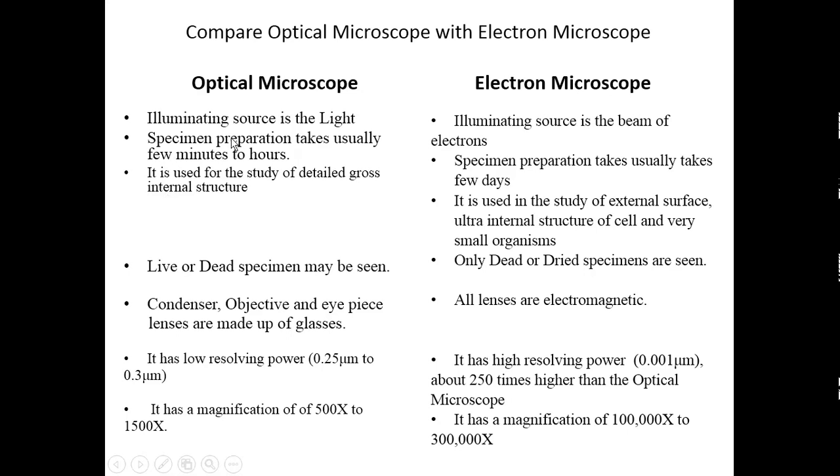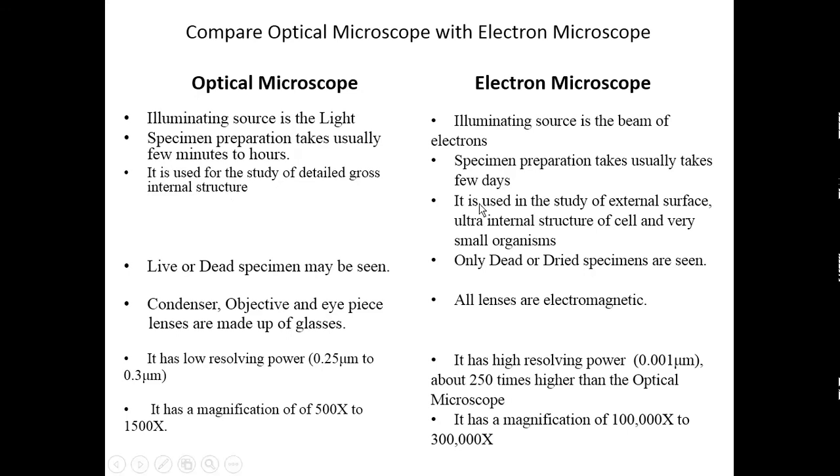Specimen preparation usually takes a few minutes in the case of the optical microscope, but in the case of the electron microscope, it may take many hours to a few days. It is used for the study of the detailed gross structure of the surface of the object.